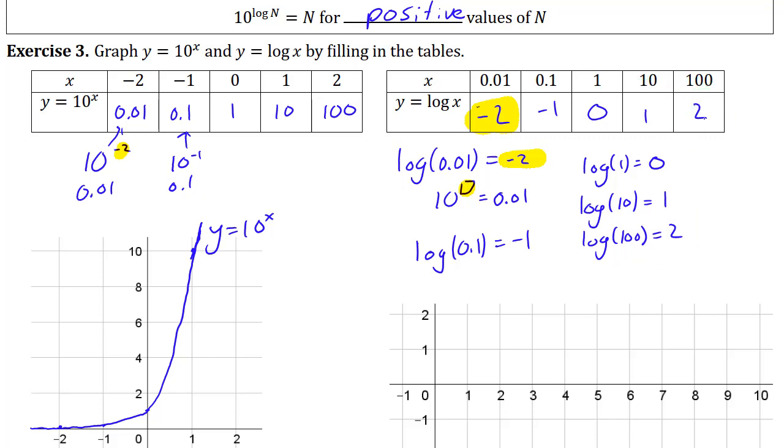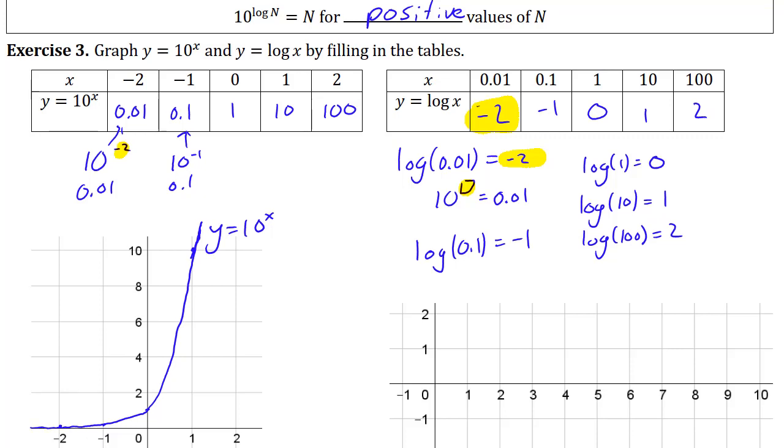And hopefully you see the symmetry between these tables. Basically, the x and the y coordinates are switched. So whatever was an xy point over here is now a yx point. If x is 0.1, y is negative 1, it's going to be about here. If x is 1, y is 0, that's right here. If x is 10, y is 1, that's over here. And if x is 100, it doesn't fit here, it would be way off on the right that way.